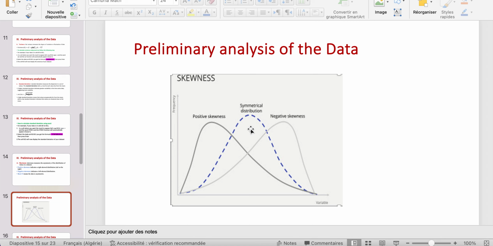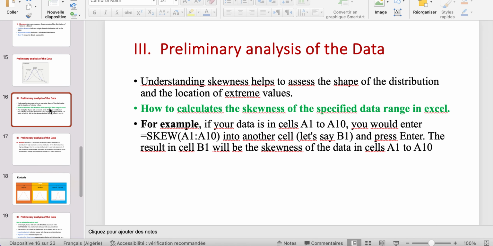And like I said before, this graph represents the normal distribution. We can also calculate the skewness using Excel.